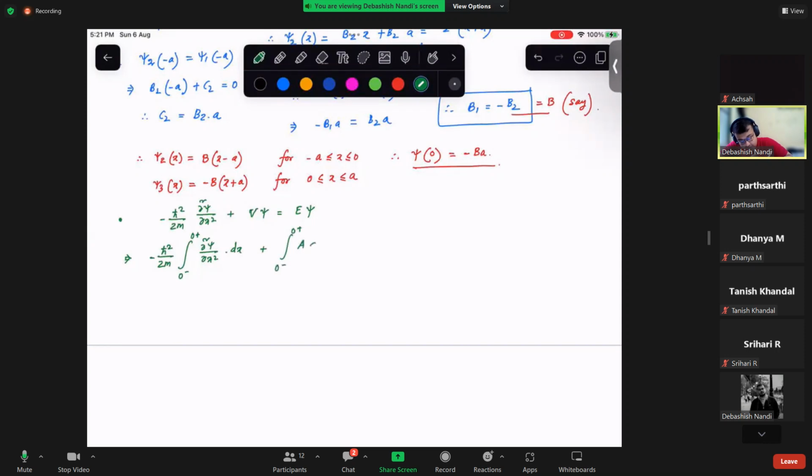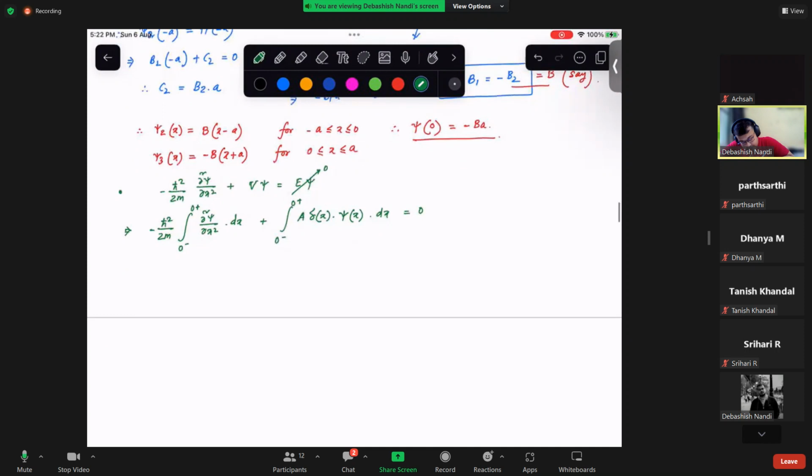V was my a of delta x, right? And this is my psi of x dx equal to, and for which energy state do we want to find the solution? For E equal to 0, right? So this will be my 0. So can you tell me what this will be? This will be nothing but d psi by dx, right? A double derivative integrated once becomes a single derivative.